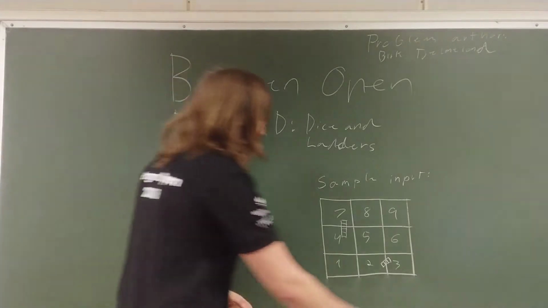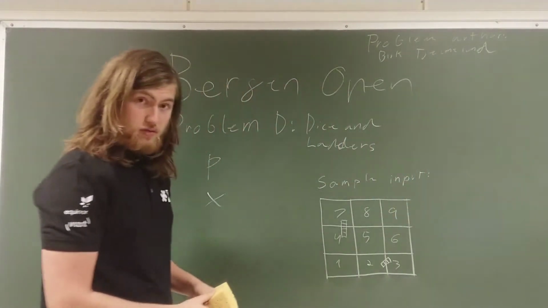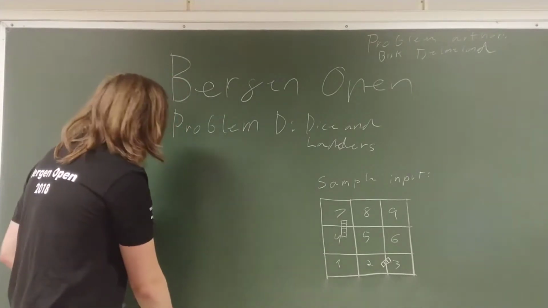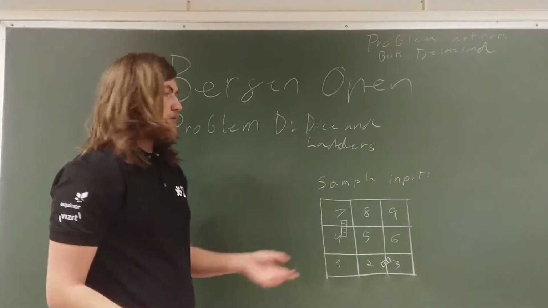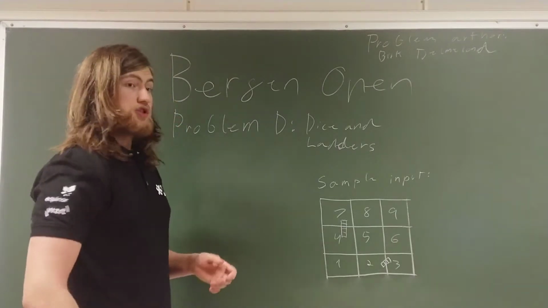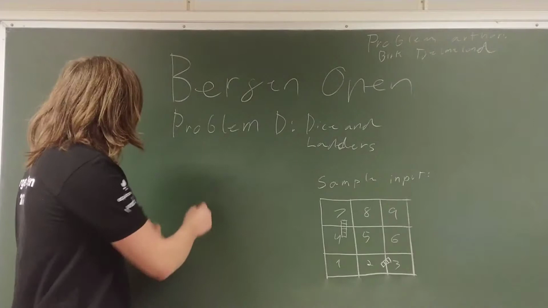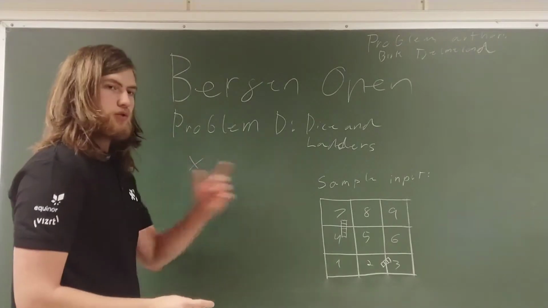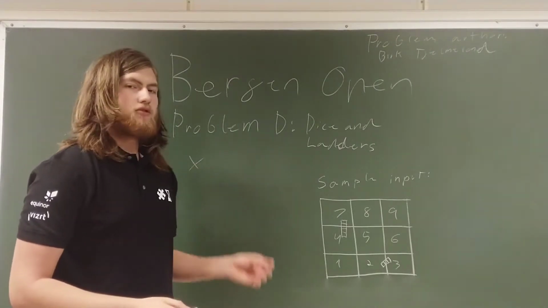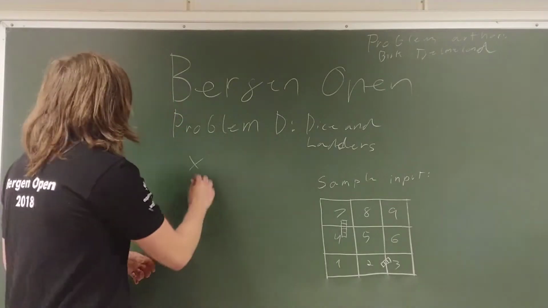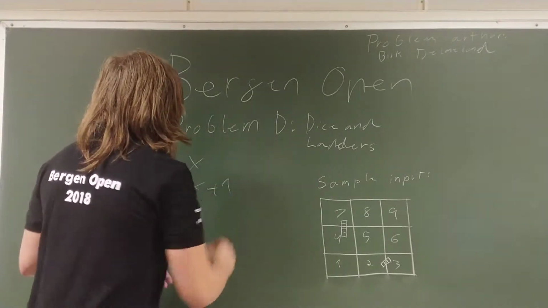In order to solve this problem, we need to make some observations. The first observation is that this problem has the properties of binary search. If I know that after X dice rolls I will finish with a probability greater than P, then I know that will also be the case for X plus 1 dice rolls.